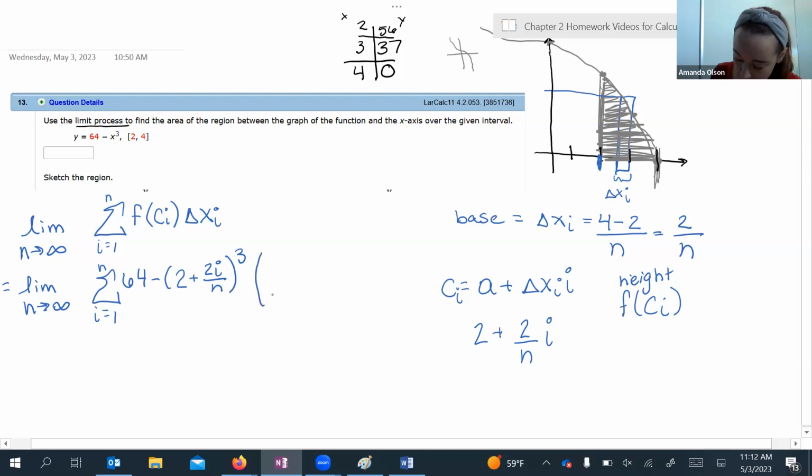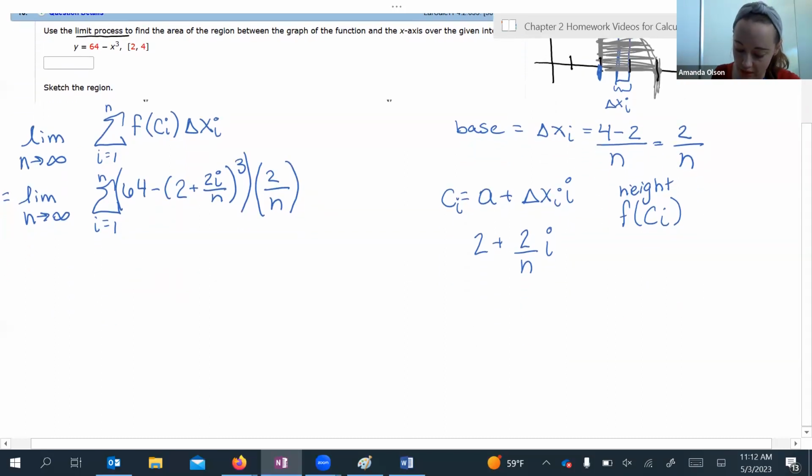And then all of that times 2 over n. So again, that 2 over n you can factor out because it's not our counting index. Our I is the only thing we can't factor out because that's part of our counting and it changes with each term.